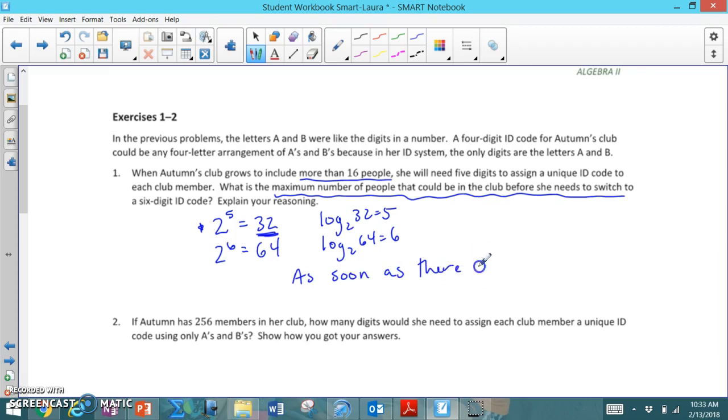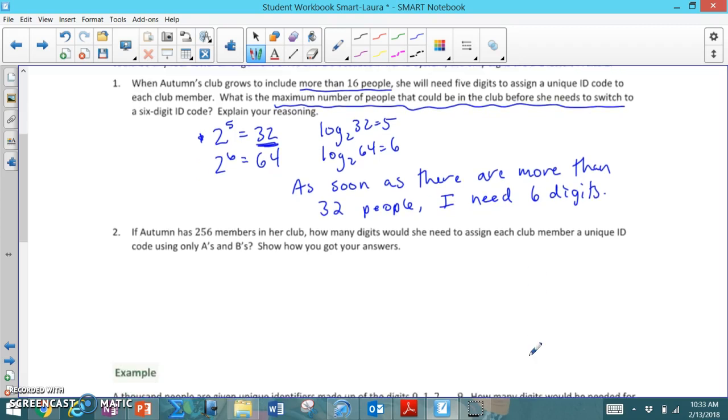The other thing you could say in this case is you could say the most people that could use 5 digits is 32. Obviously, you're saying the same thing.